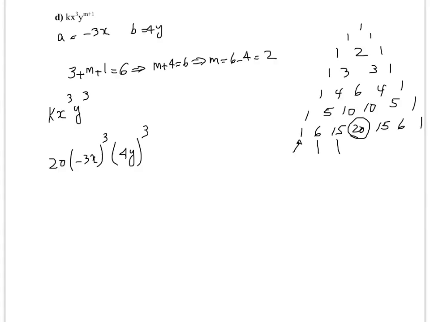If you find 20 times (-3)^3 times 4^3, this is going to be the value of k, and the value of k becomes -34,560.